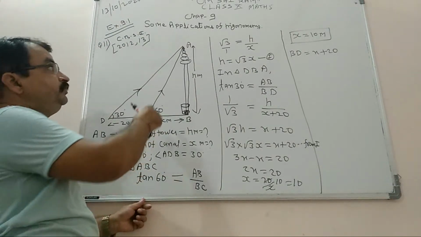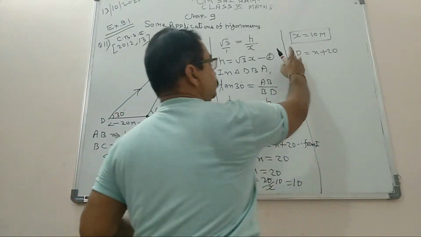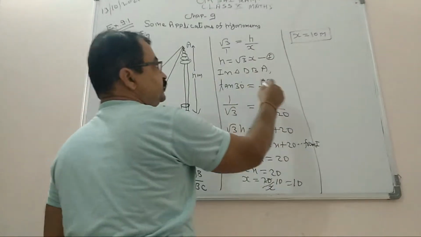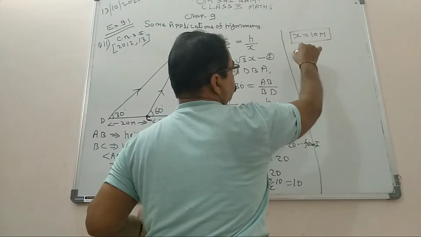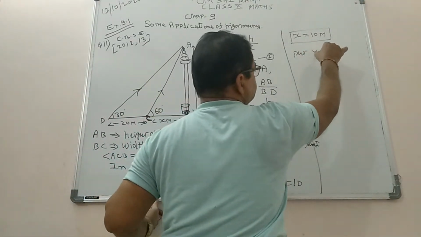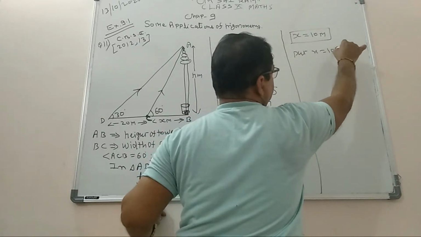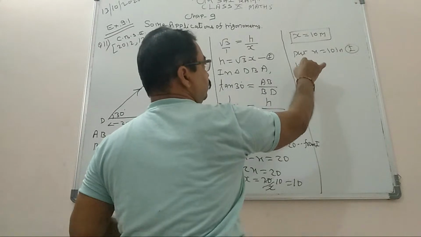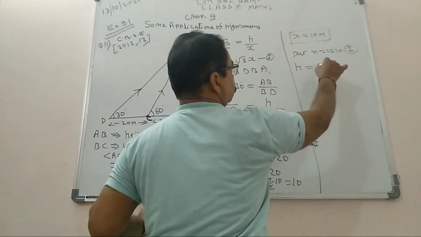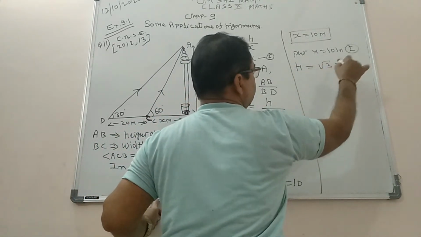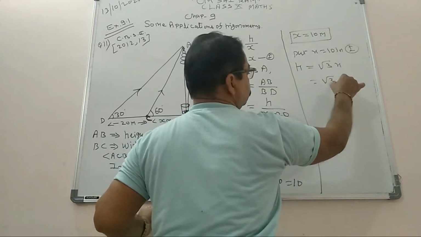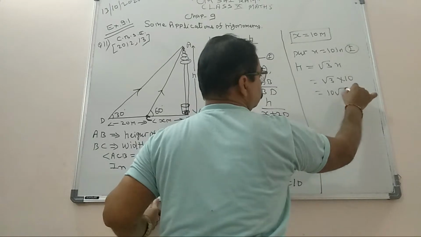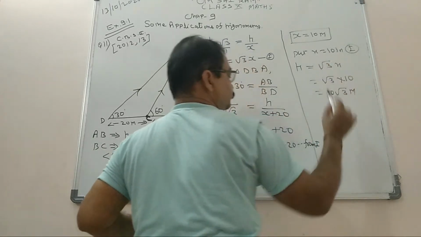Now we want the H children, not BD, okay? So we put the value in H, equation number 1. So put x equal to 10 in equation 1 children. Equation 1 gives the direct value for the h, which is root 3x, that is root 3 of 10 children, that is 10 root 3 meter children, okay?